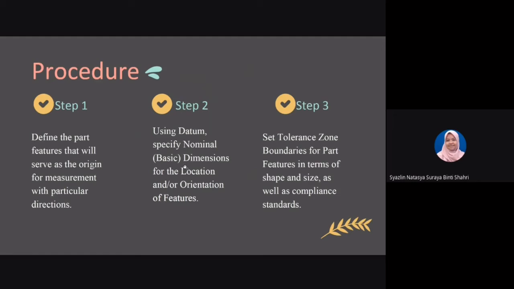The next step is using datum, specify nominal basic dimensions for the location and orientation of features. The third step is to set the tolerance zone boundaries for part features in terms of shape and size, as well as compliance standards.